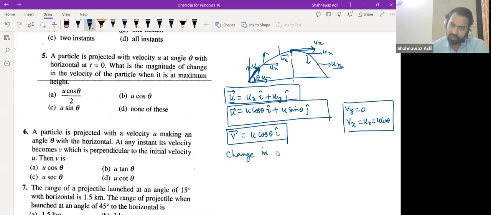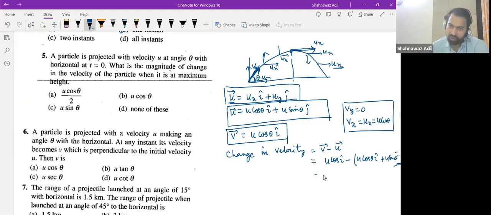Change in velocity is v minus u, right? So this is u cos theta i minus of u cos theta i plus u sin theta j.